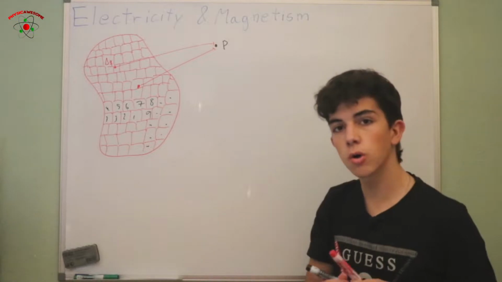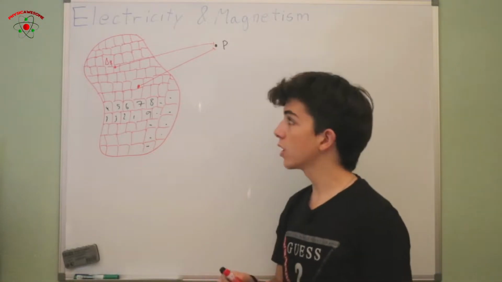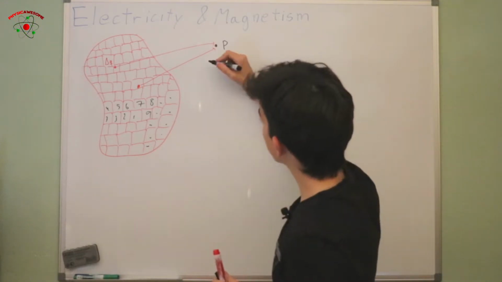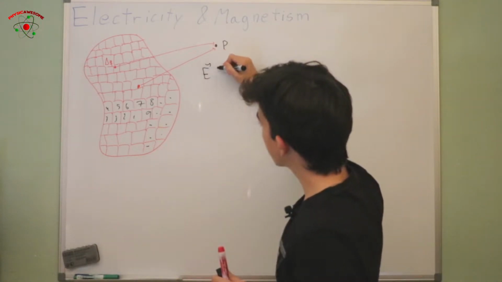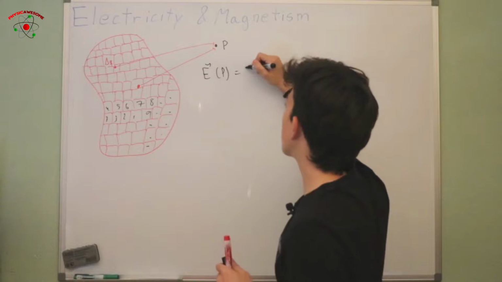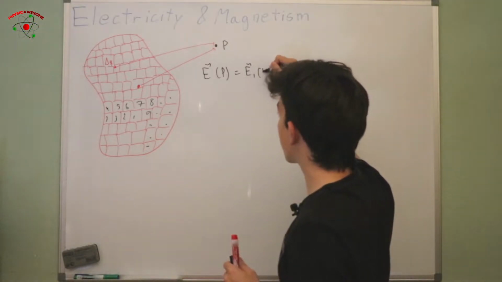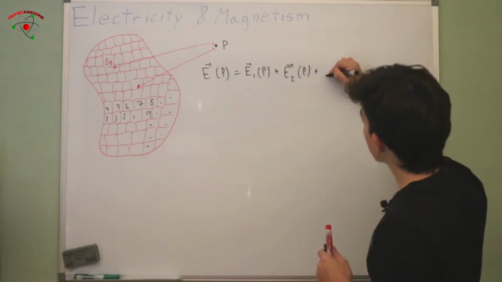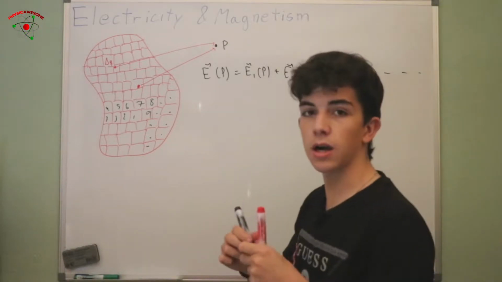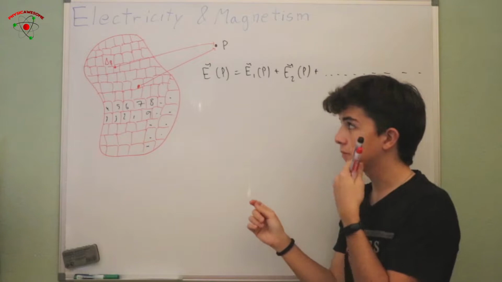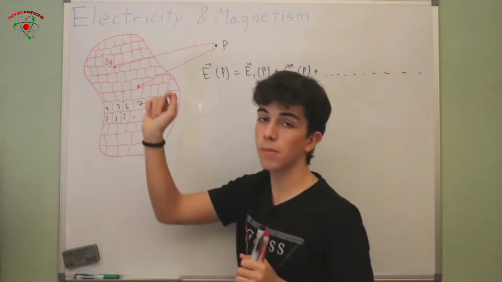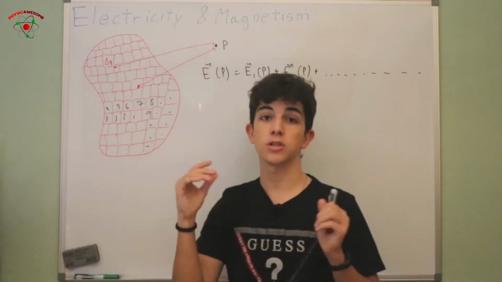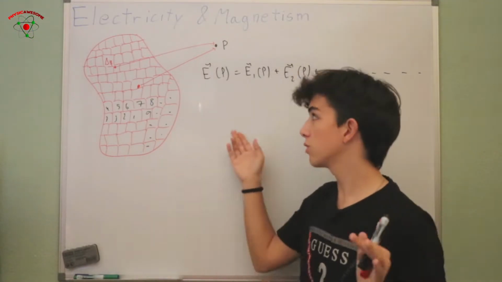Continue doing so, and then we know by the principle of superposition that E at P is going to be equal to E from 1 at P, plus E from 2 at P, plus and so on, which is going to be a quasi-infinite sum. Not infinite because our charge element, our delta Q, is not infinitesimal, but it's going to be quasi-infinite.